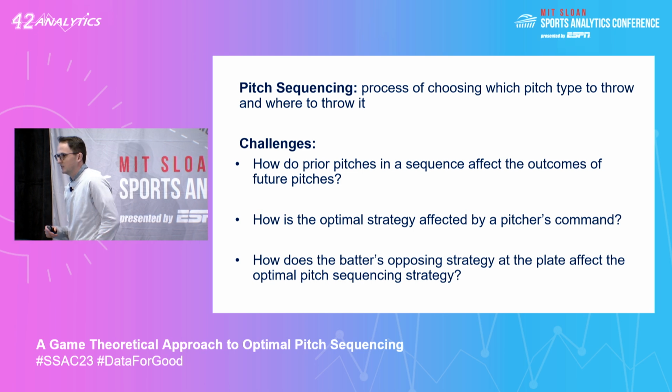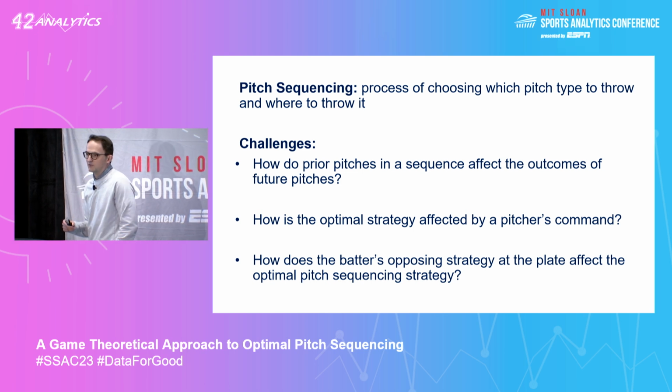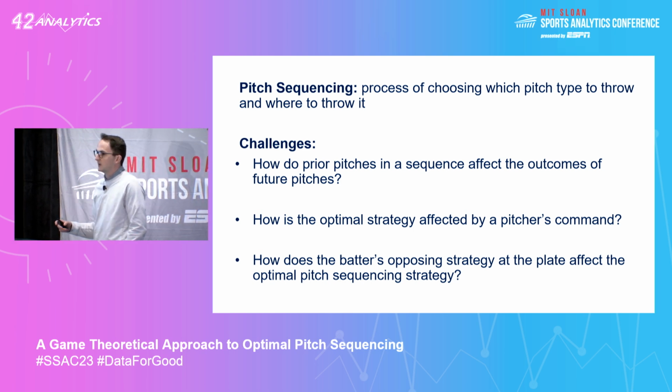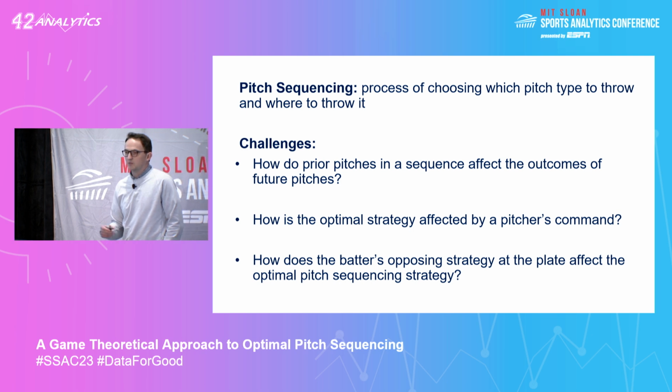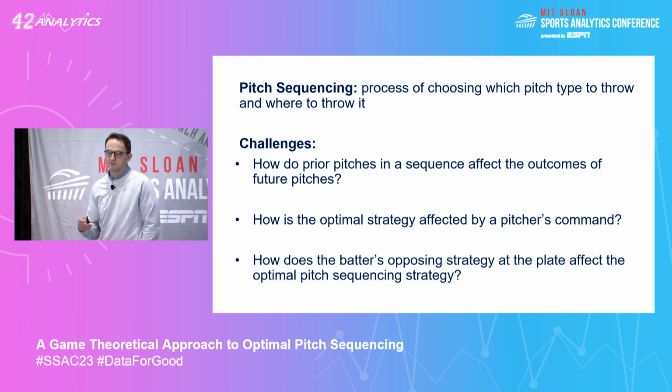And there were three main challenges we wanted to address. First, we wanted our solution to consider the entire sequence of pitches. A lot of existing solutions just consider 2 pitch sequences, so we wanted to make sure we had the full sequence in the at-bat. Second, we wanted to incorporate a pitcher's command skill. Obviously, your ability to hit your intended target as a pitcher is going to affect where we recommend you aim your pitch.